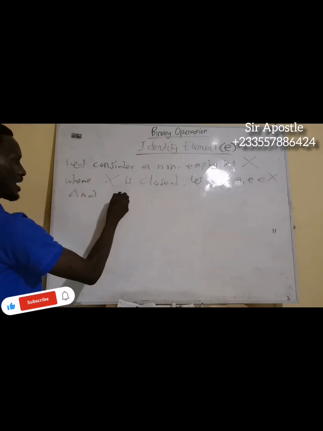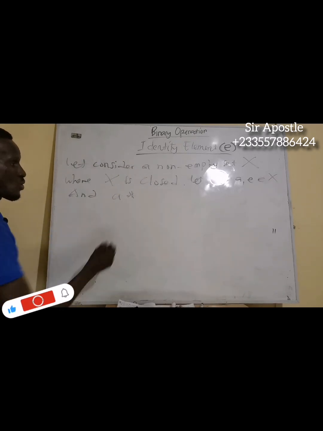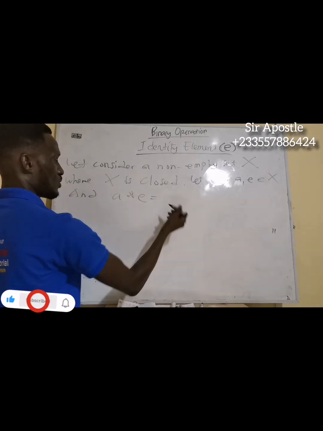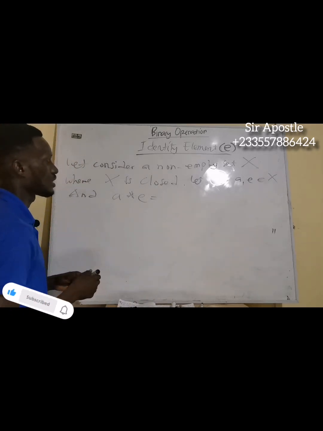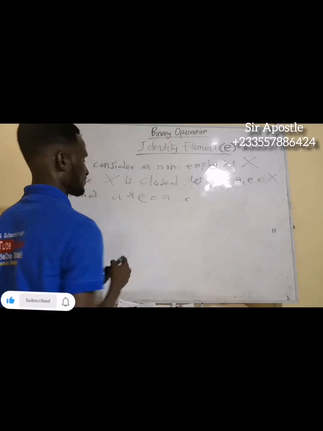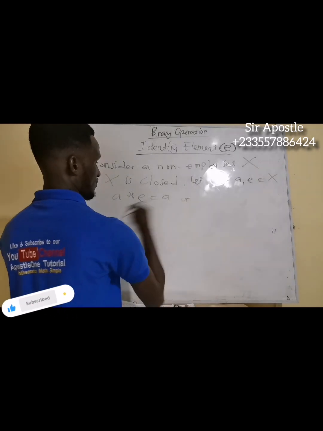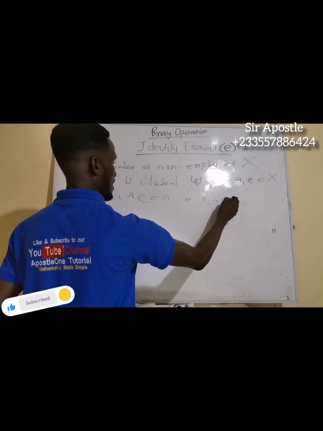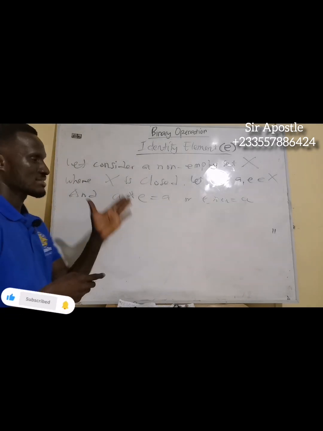Whenever I perform an operation on the two, the operation I'm using here is asterisk, and I'm getting A. When I say E operation A and I'm still getting A, then what can we say about E?